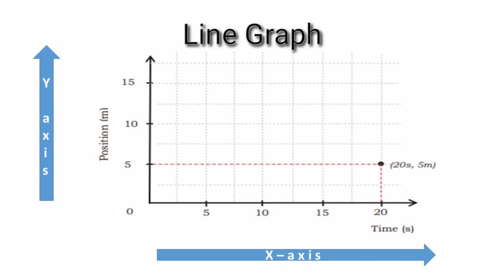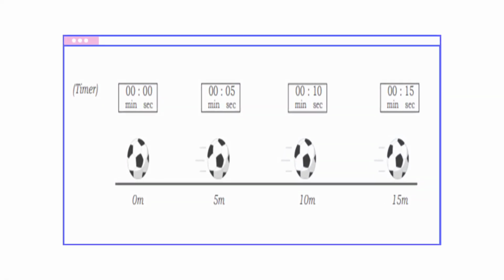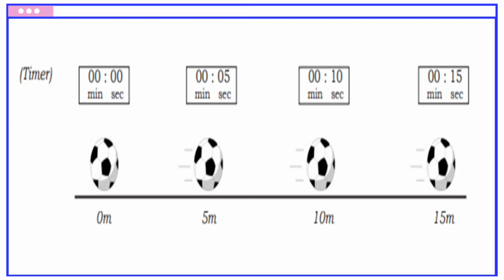Ginagamit ito to display the comparison between two variables which are plotted on the horizontal o yung x-axis and vertical o yung sa y-axis of a grid. It uses lines to connect individual points, and those lines represent movement and may ascend or descend depending on the trend they show. Tulad ng nabanggit kanina, we can describe the motion of an object by using motion graphs.